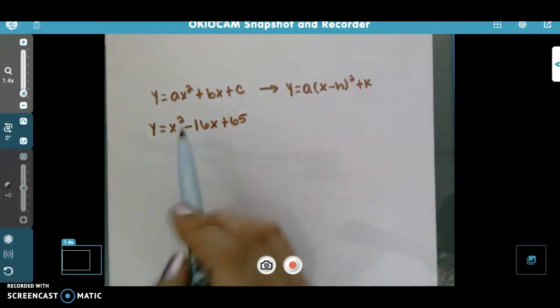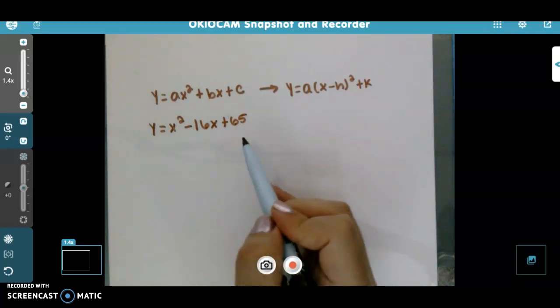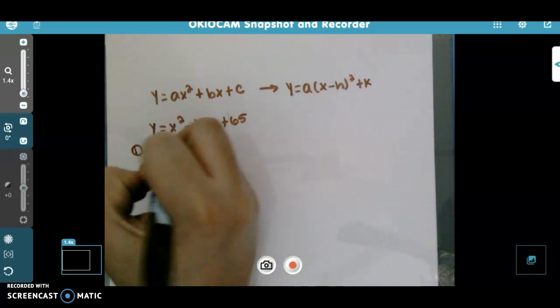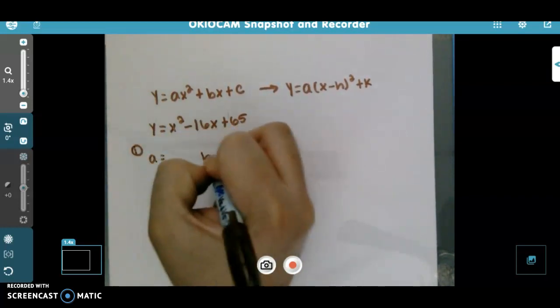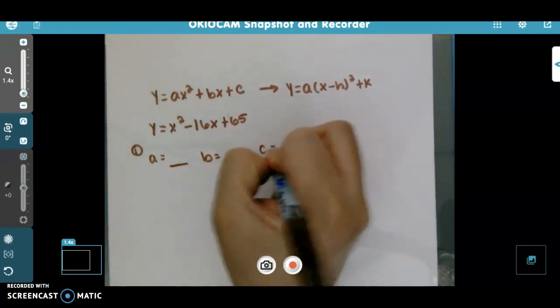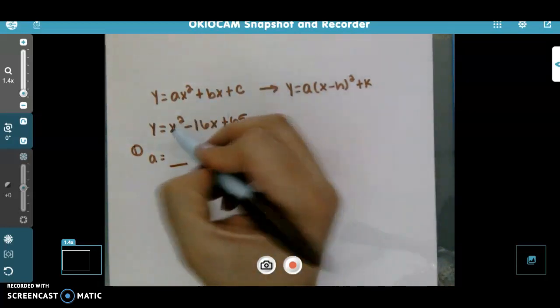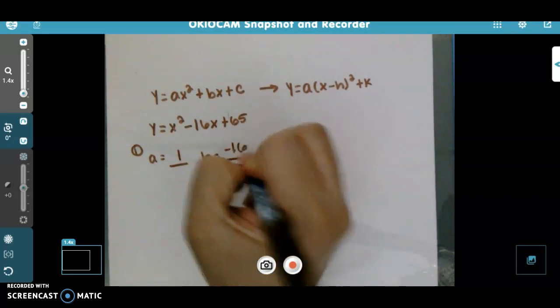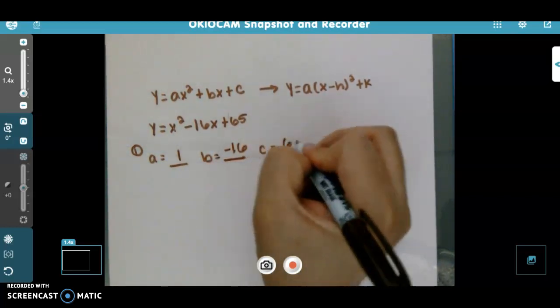Okay, so here, if you remember from the Edpuzzle video, the first step we need to do is know my a coefficient, b coefficient, and c coefficient. So my a coefficient here would be 1, b coefficient would be negative 16, c coefficient would be 65.